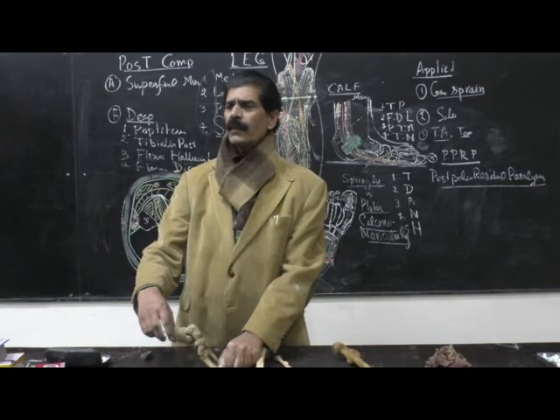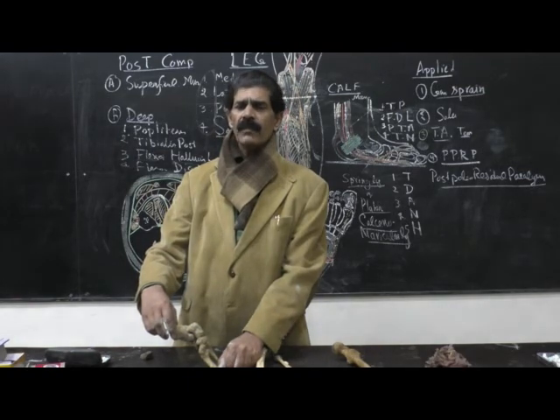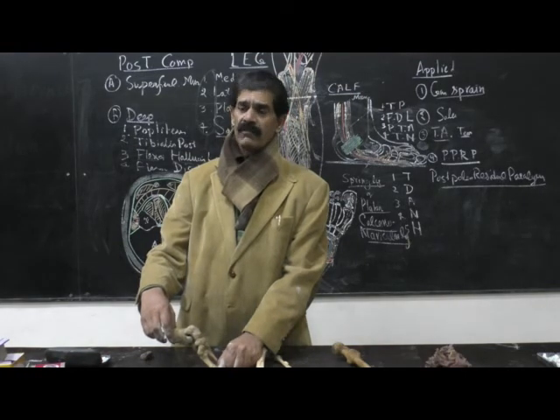The foot in polio cases is fixed in plantar flexion. So the walking of the patient becomes very difficult. He or she can only walk with the help of a stick, a long stick overhead.